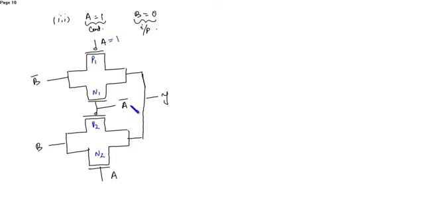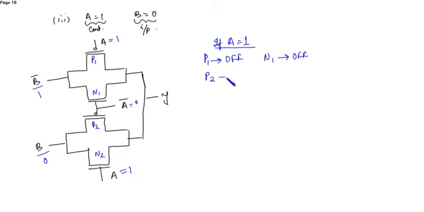When A is 1, then A bar is 0. Here B bar is 1, B is 0. So if A is 1, then P1 will be deactivated, it's off. Here A bar is 0, so N1 is off. Since A bar is 0, P2 will turn on and N2 will turn on.